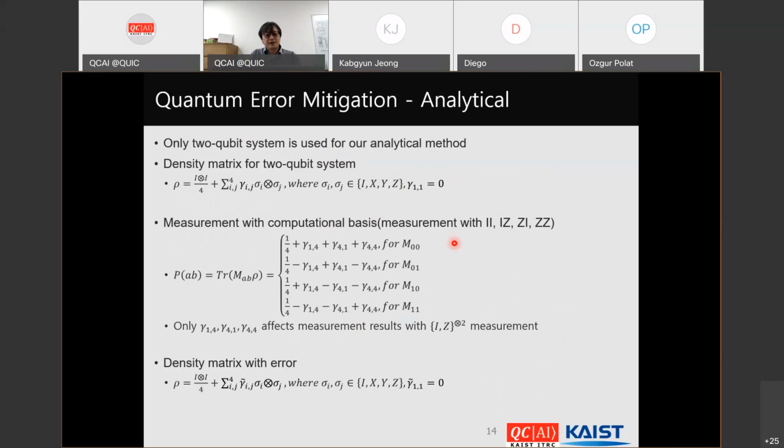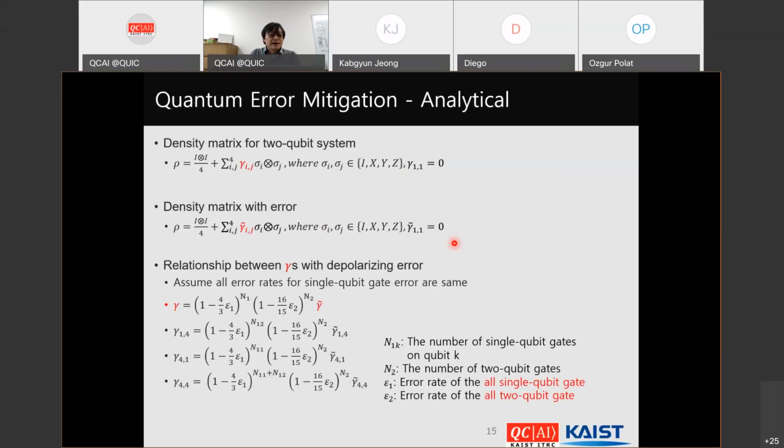So this one tells you about how the density matrix of the two-qubit system will have errors. But because of the time limit, I'm going to skip the details of the discussion. Another one is the density matrix for two-qubit error, depicted here.